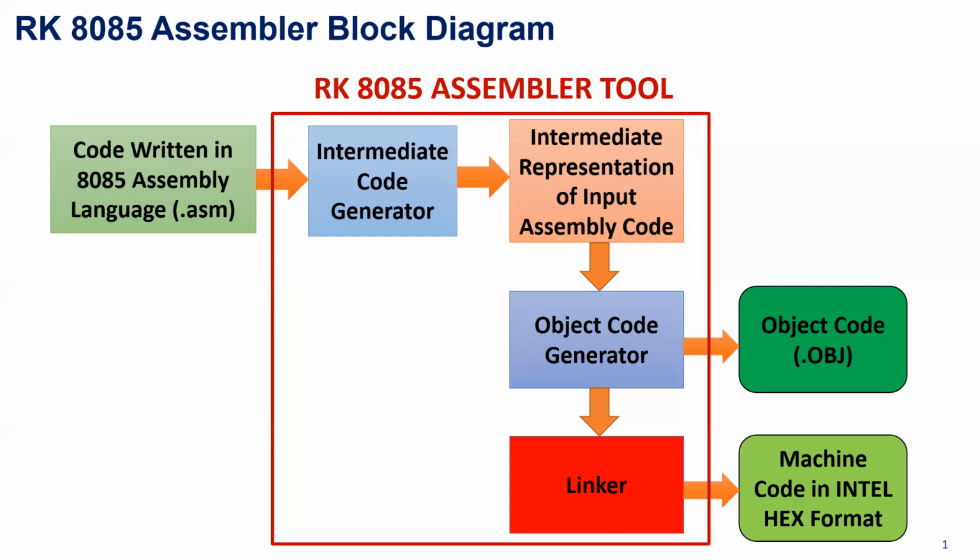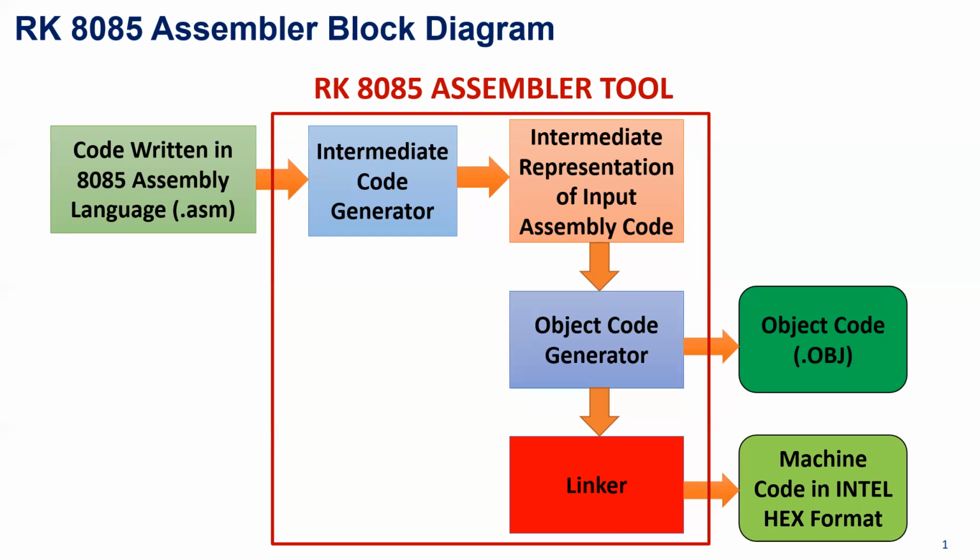The intermediate code generator is also very important because it transforms your very high level assembly language code to a well formatted assembly code with proper meaning and a very good representation for further analysis. Then the object code generator operates on this intermediate representation and converts it into machine code.